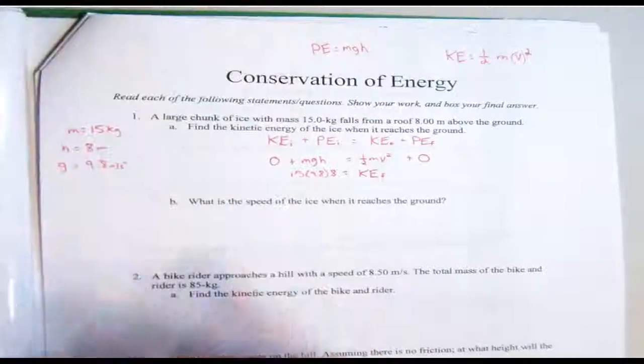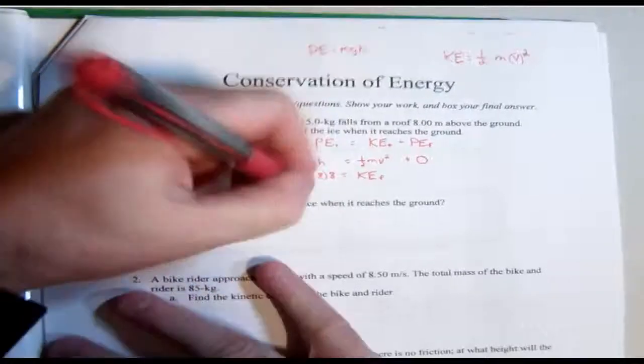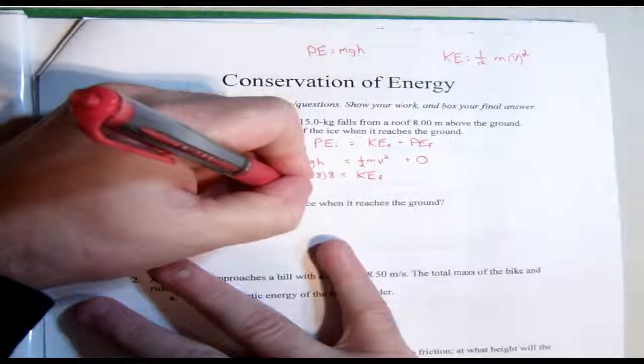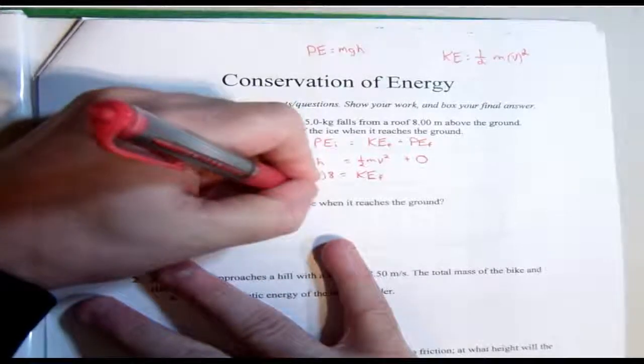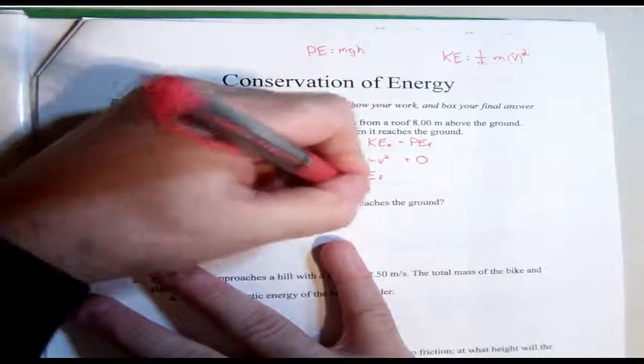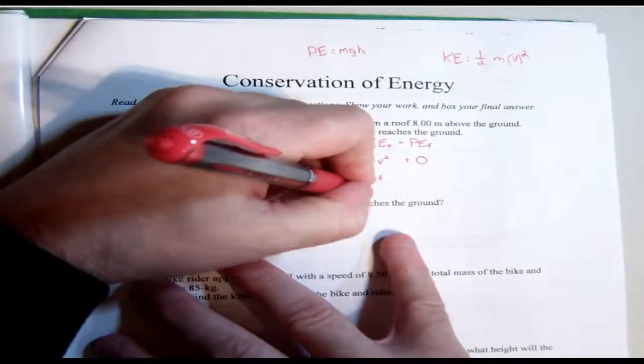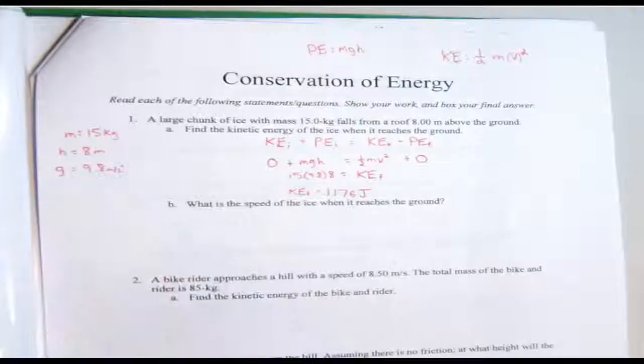So let's punch that in the calculator, see what we get. Hopefully you've done it this way. So your answer should be, let's flip this around, our final kinetic energy equals 1,176, and then we always have to have the unit, so our unit for energy is joules. Okay, so that is our final kinetic energy. So we've done that one.